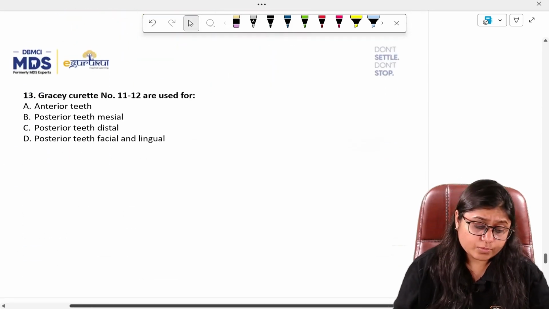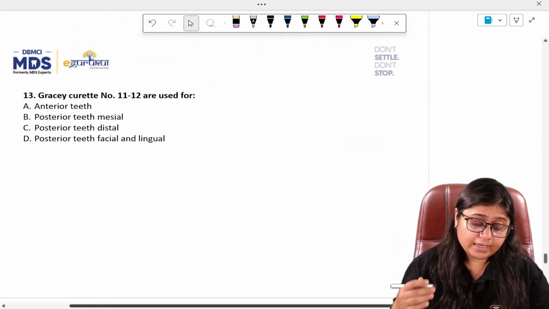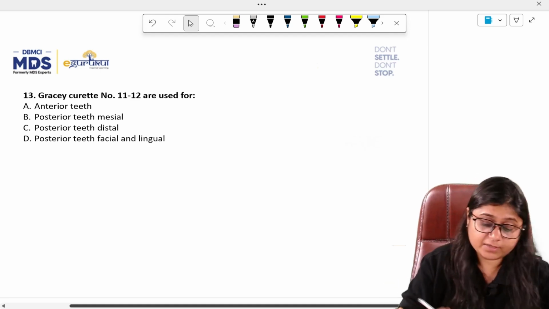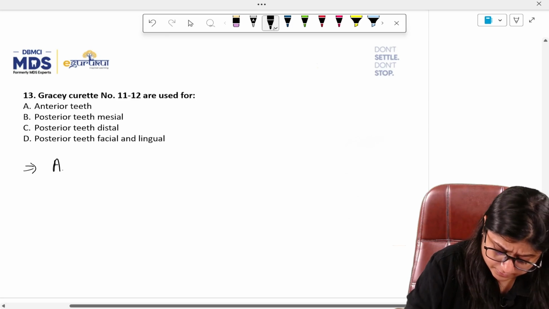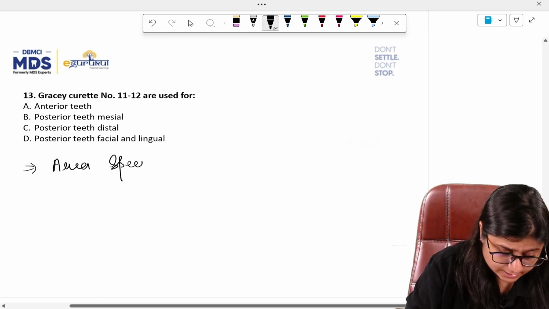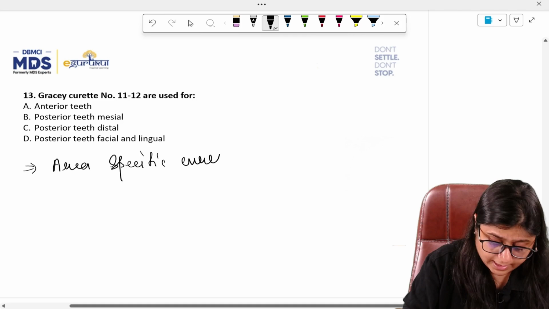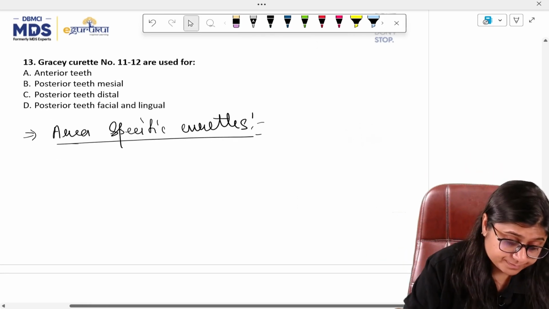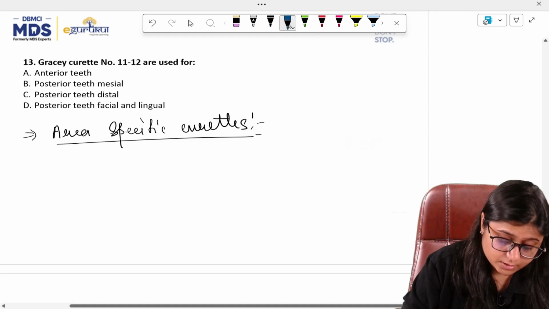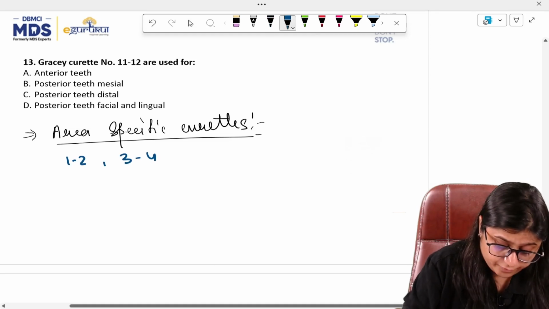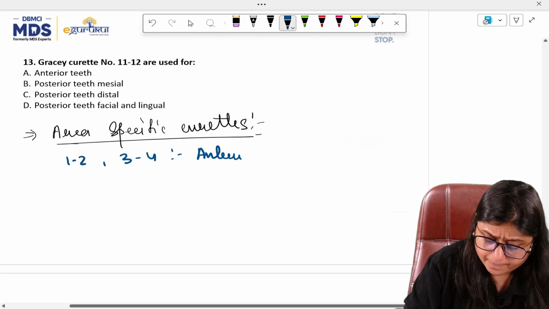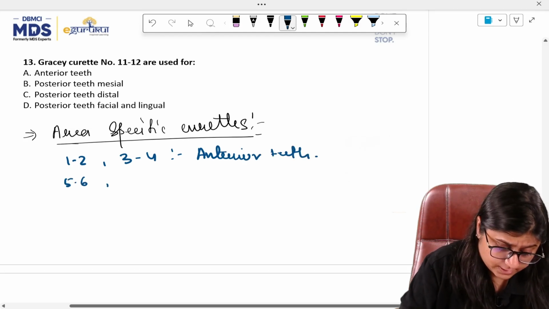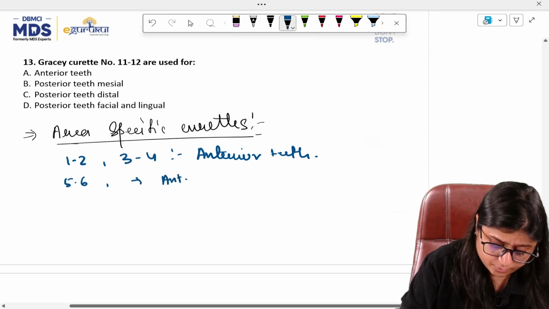Now the next question is, Gracey curettes number 11 and 12 are used for. Gracey curettes are the area specific curettes, and they are a set of curettes, meaning they have two working ends. Numbers 1, 2, 3 and 4 are used for anterior teeth. 5 and 6 are used for anterior and premolar.